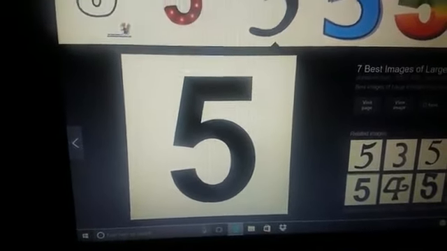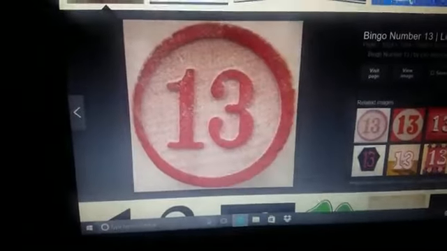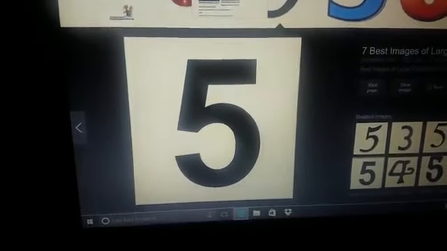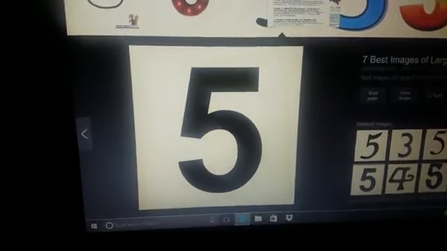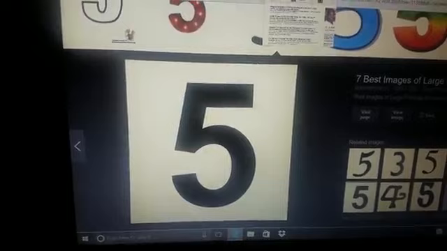Then we have the number 5. So 7-11, 13, and 5 are the main numbers coded in the O.J. Simpson case and in his life in general. Let's go ahead and break it down.